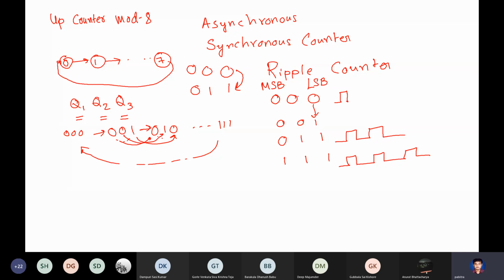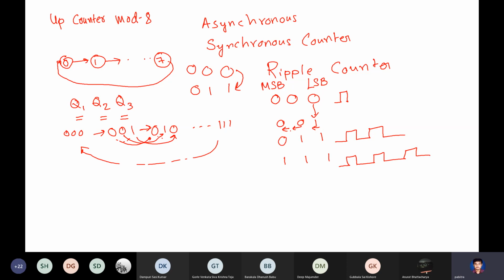So as if these bits that are changing ripple from LSB to MSB, just like you saw in a ripple carry adder. First the least significant bit is added, then its carry goes to the next significant bit, then to the next, and so on. This way also, first bit changes, in the next cycle the next bit changes, and so on.